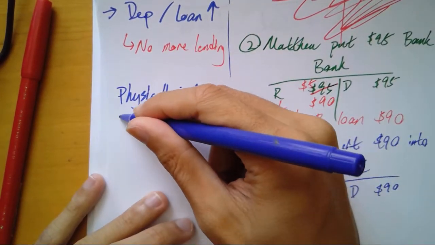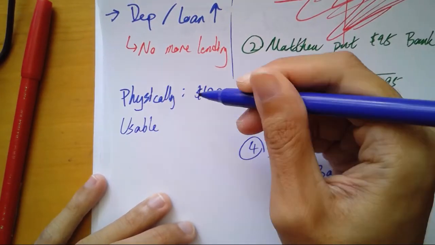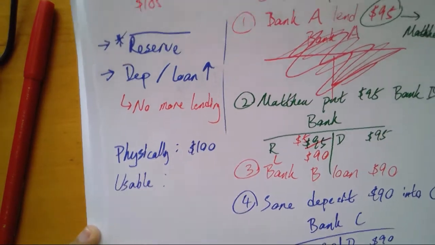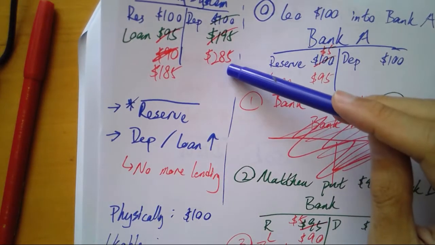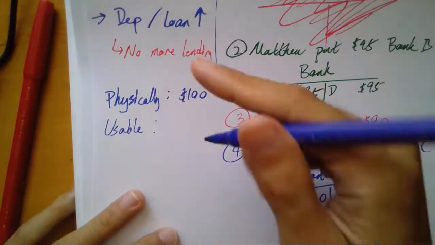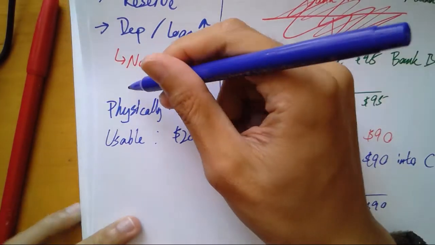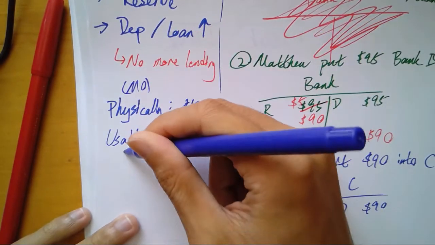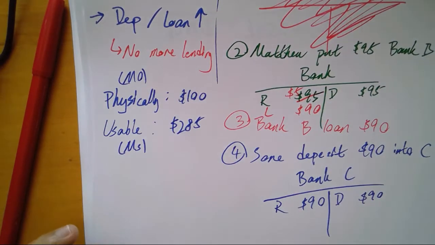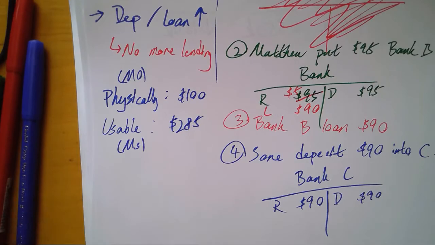But what about the usable money? 有邊啲錢係使得㗎？OK, all money in deposit can be spent. OK, usable money is 285. OK, remember this is M0. This is money supply. OK, 得唔得啊？嗱 this is a process.